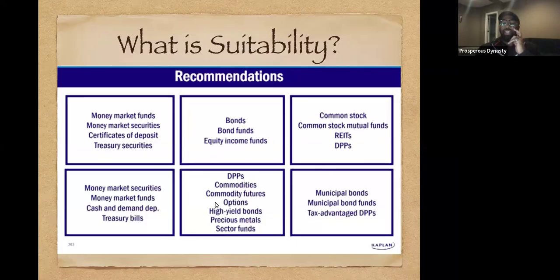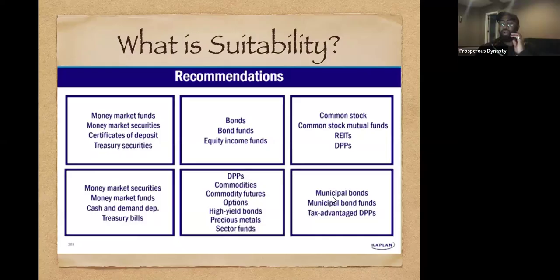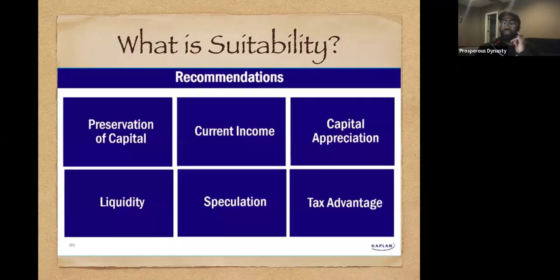Then speculation: that's high yield bonds, junk bonds, or sector bonds. Then liquidity: back to money markets, your cash and demand deposits, those checking and savings accounts, and your T-bills. And for tax advantages, we talk about municipal bonds, so you'll see that.